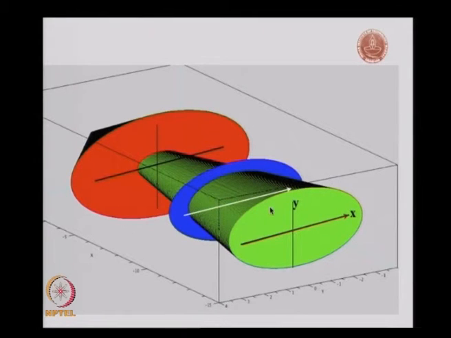Then I draw these 3 diameter vectors and move them by the same degree in all the 3 planes. I see something like this, and the angle it makes in the plane is theta.